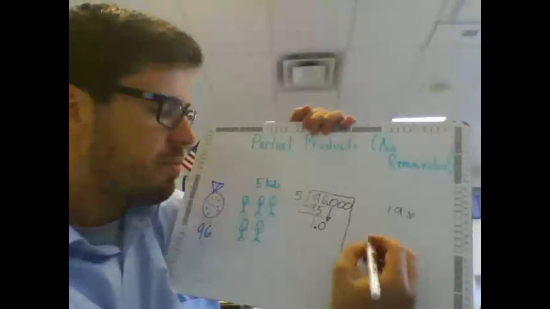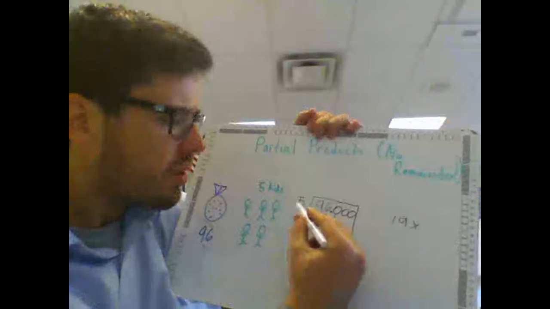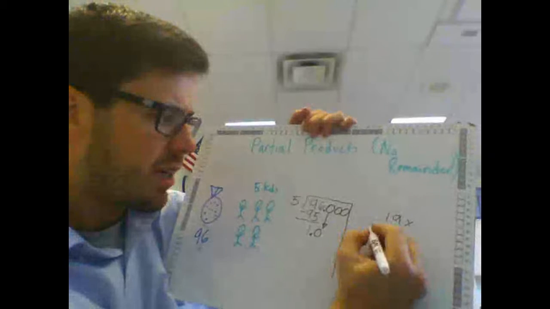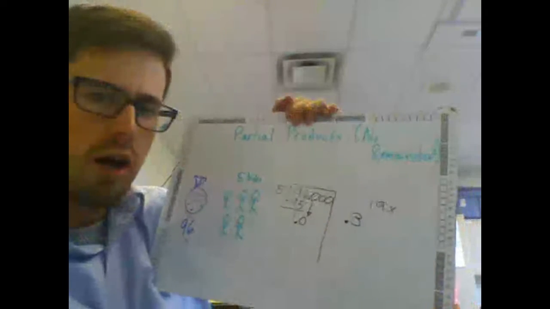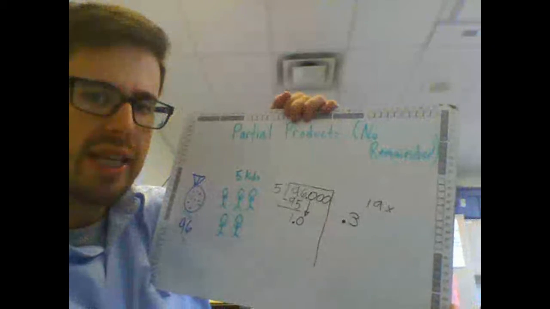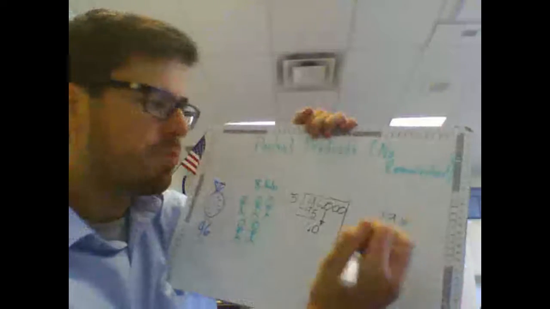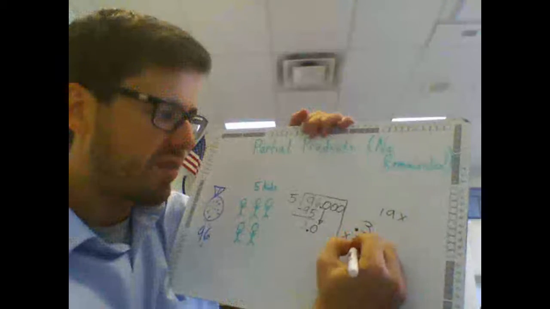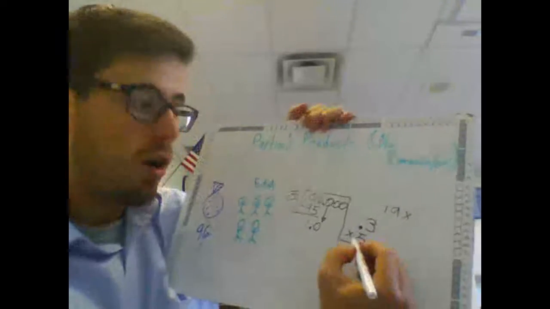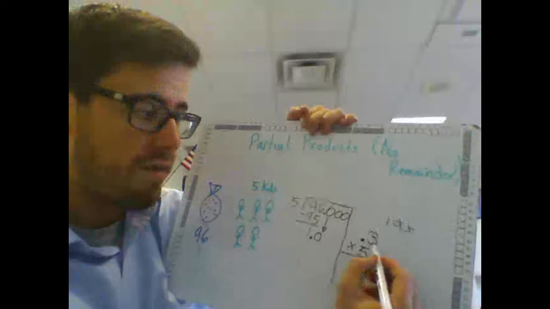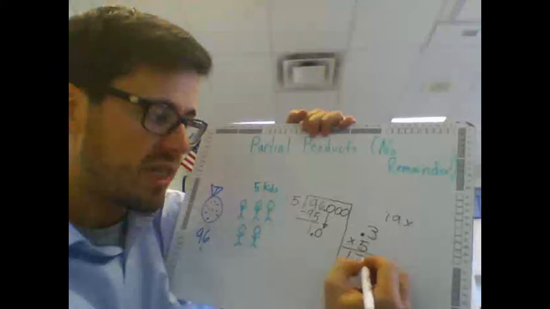Well, let's start to make some guesses here. Let's say we give each kid 0.3, or 3/10 of a marshmallow. Let's multiply that times 5 and see how much each kid would get. Again, the zero strategy will work for this as well. 5 times 3 is 15.